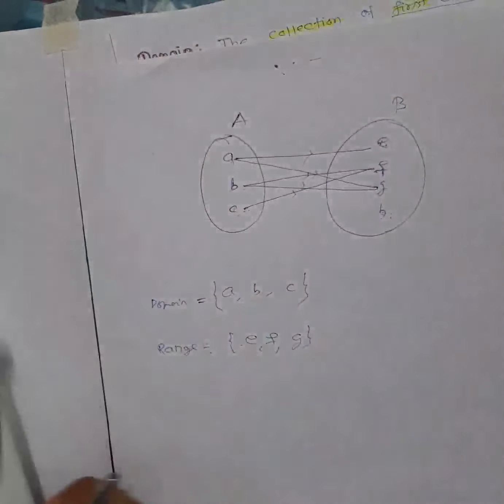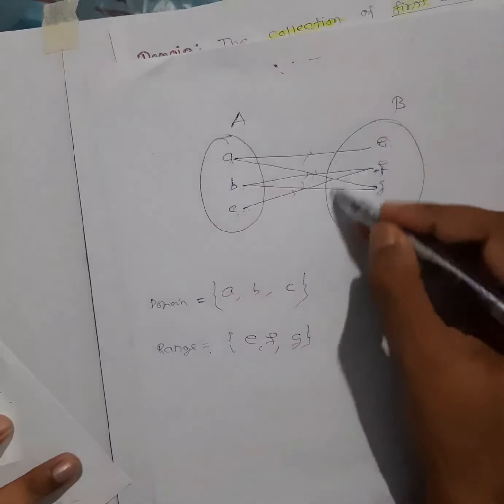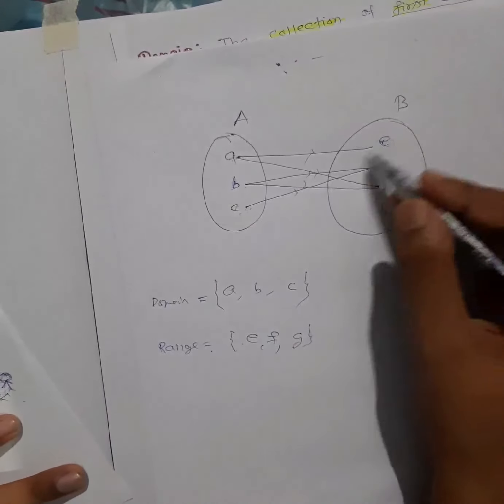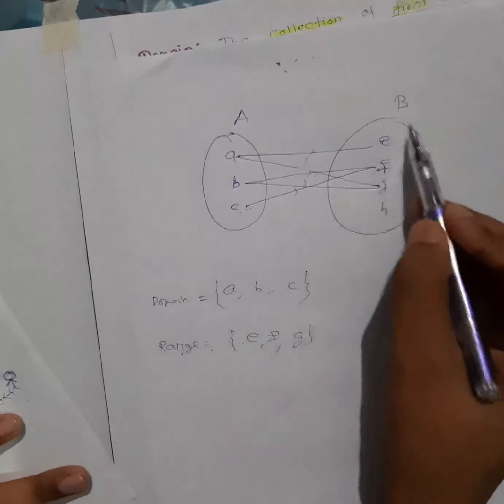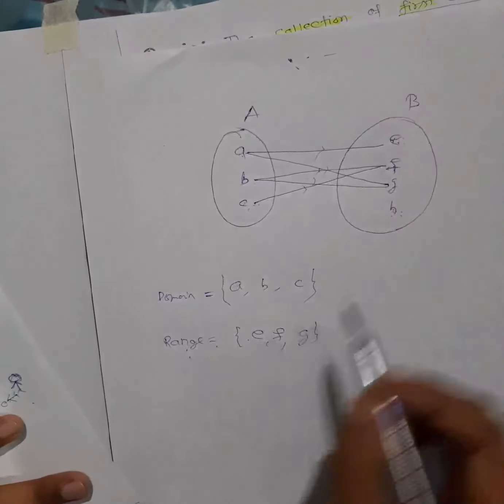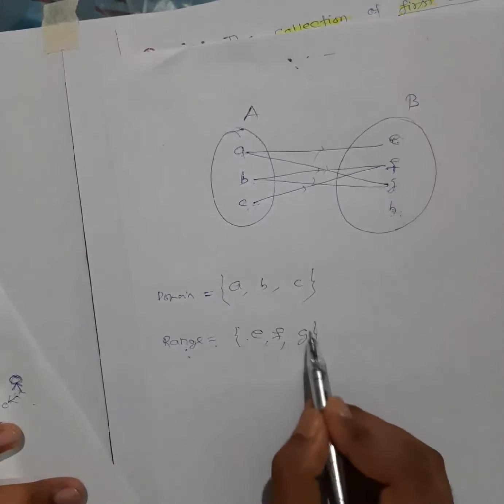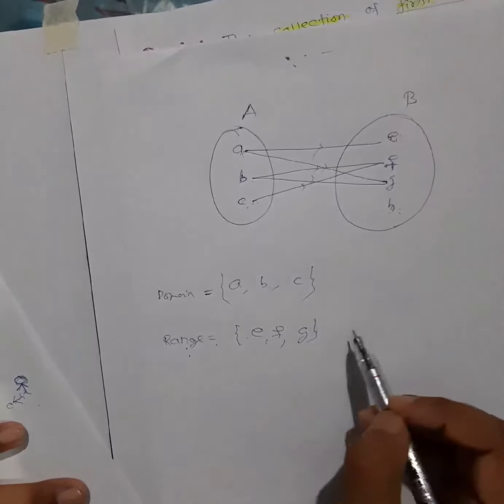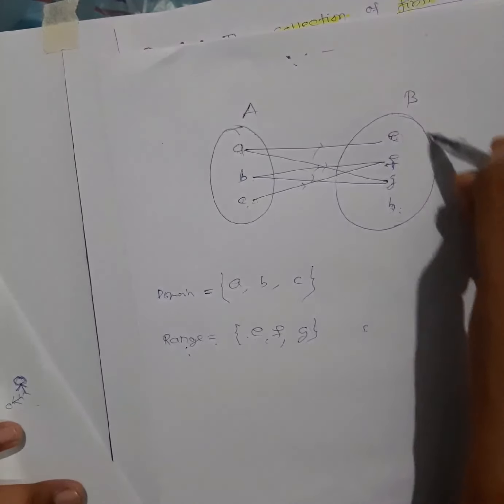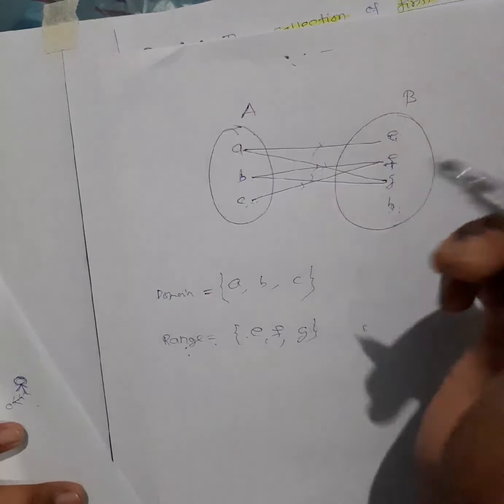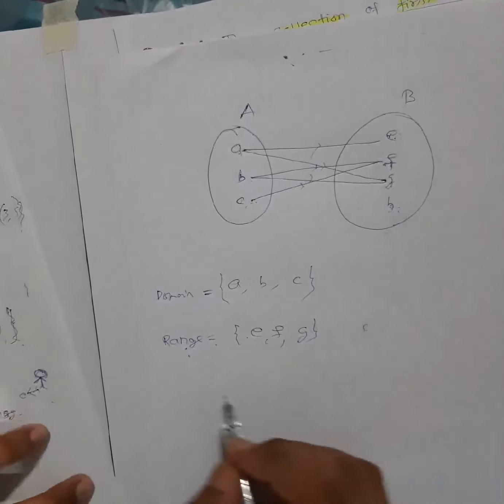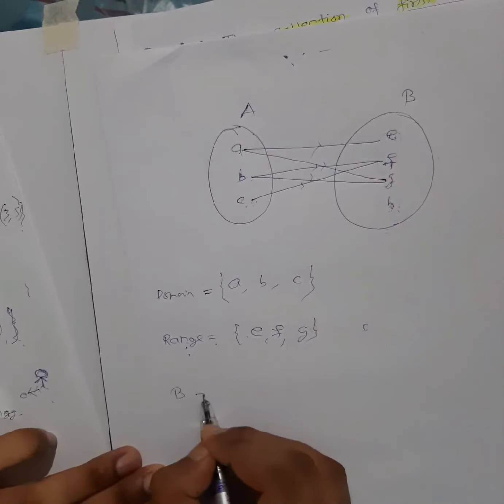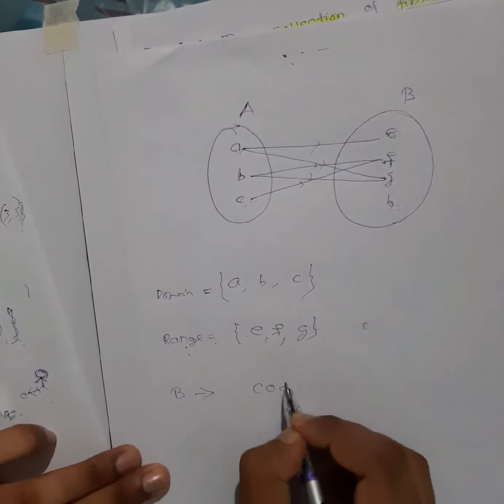But in this case, the whole B set is not your range this time. Only E, F, G are the elements here, right? H is not, which means I cannot write B here this time. So this whole set also has a special name. What is the name of this whole set? B is called codomain.